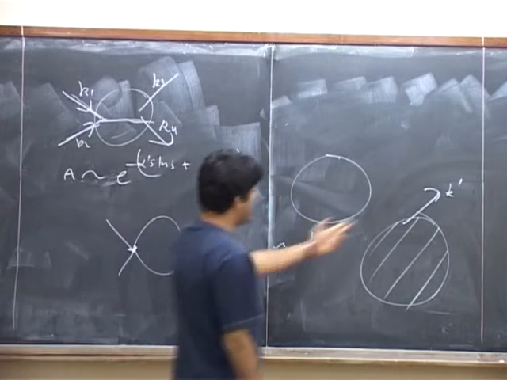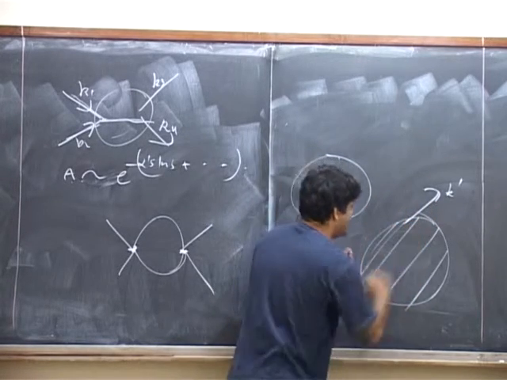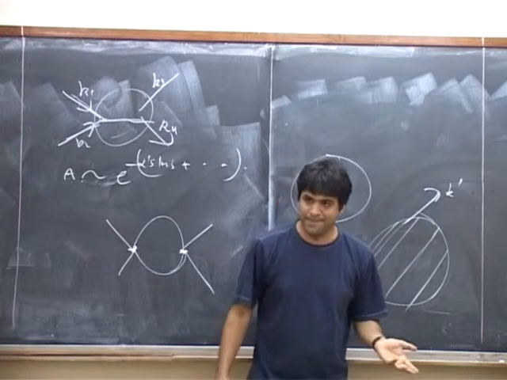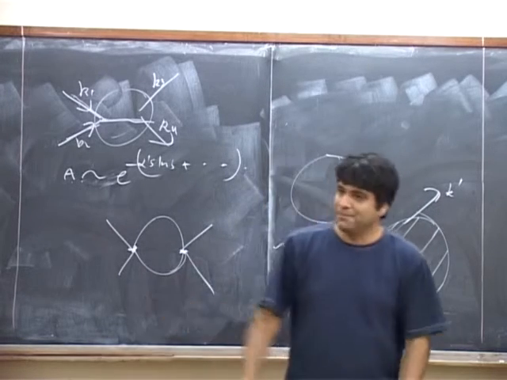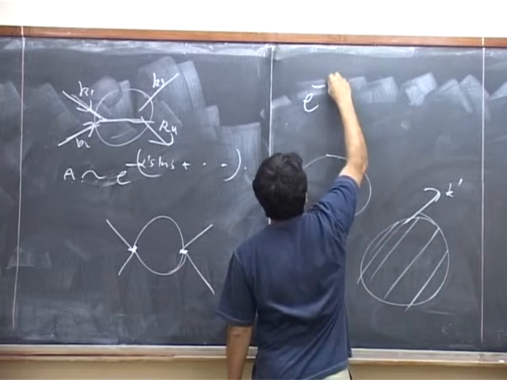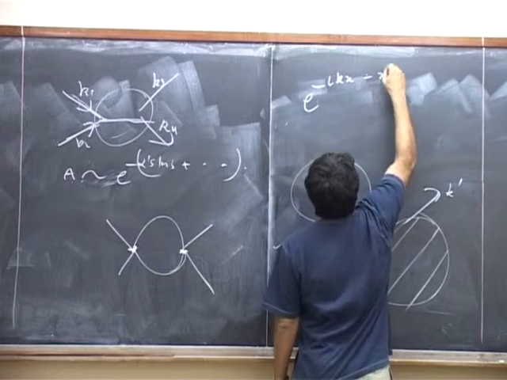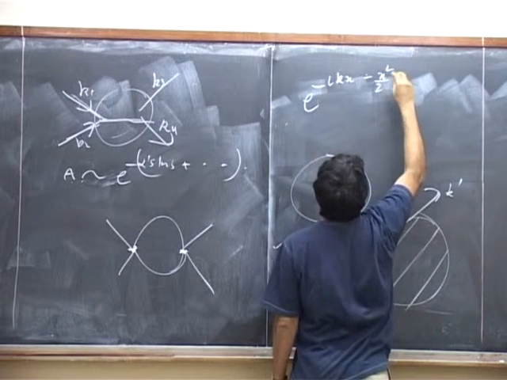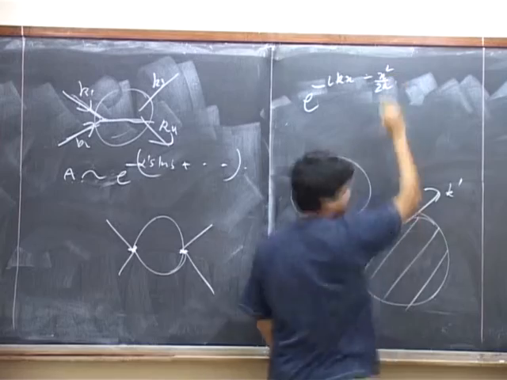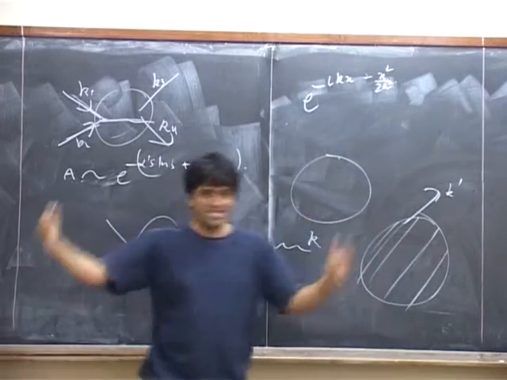Now, if k minus k prime is very large compared to the length scale in the charge distribution, that Fourier transform is very small. Okay? What I say is e to the power minus i k x times e to the power minus x squared by 2 a squared. So a is the size.